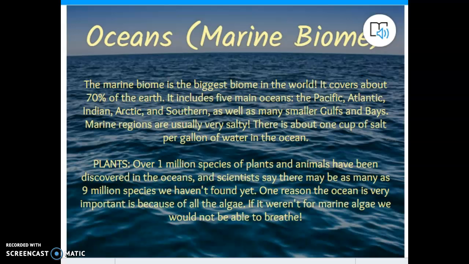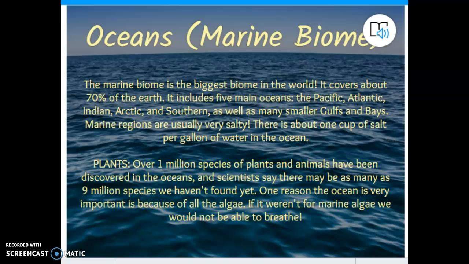One reason the ocean is very important is because of all the algae. Now, if we remember back to what we just studied, algae is a plant. Plants are extremely important. Not only are they the beginning of the food chain because they make energy from the sun, plants also, in the process of photosynthesis, take in carbon dioxide and release something that all animals need: oxygen.